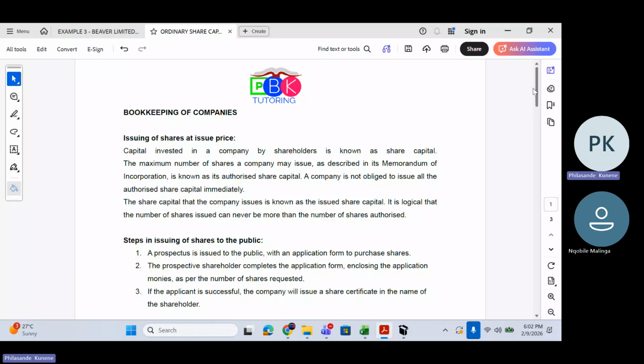As I said before, I wanted to take you through something. Have you done shares with your teacher at school? Pardon? Have you done shares at school?